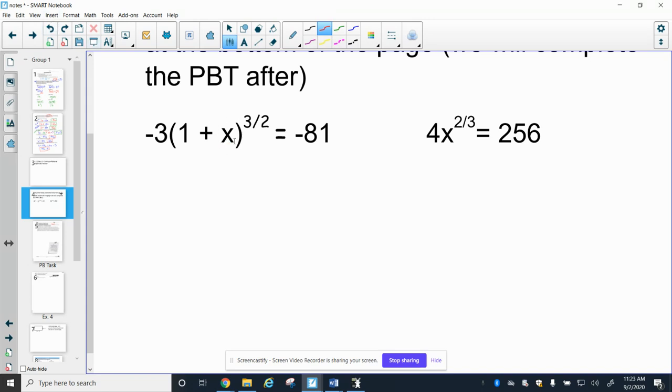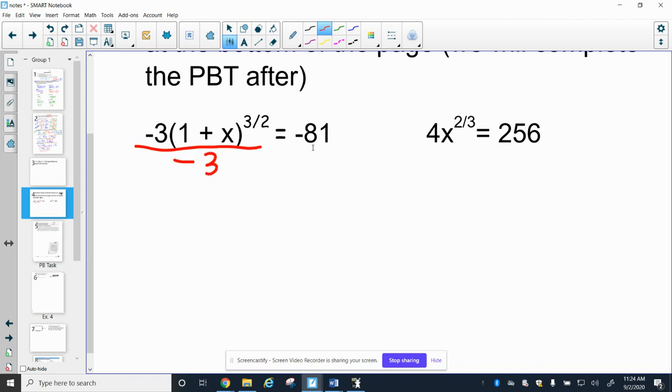So in order to get x by itself, we have to get rid of this -3 and this 3/2, and we have to do both of those first before we can even do anything with this 1. The first thing we're always going to do is get rid of any numbers in front. The reason we want to do that and not work with the exponent is if we start with the exponent, whatever we do to both sides, we're going to have to apply to the -3 also. So let's get rid of the -3 first.